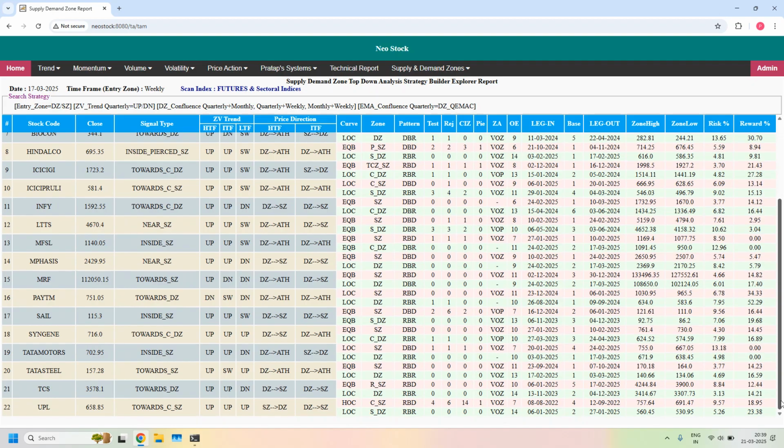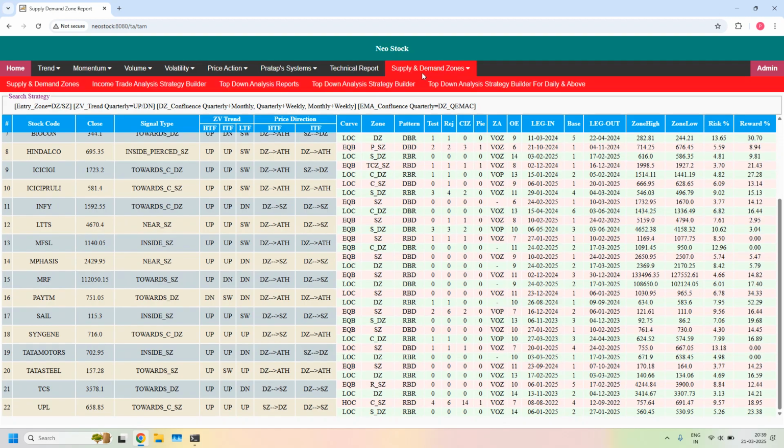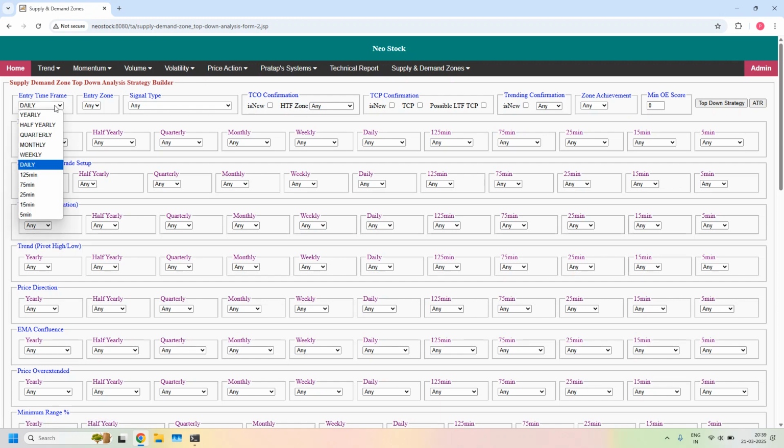Okay, this is about demand zone confluence, weekly, monthly and quarterly. Next we will look into supply zone confluence for weekly, monthly and quarterly. So entry time frame is weekly.